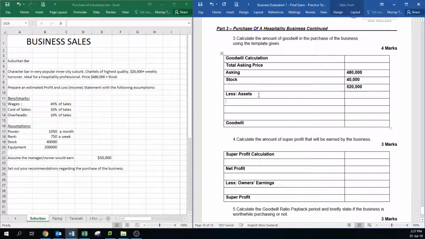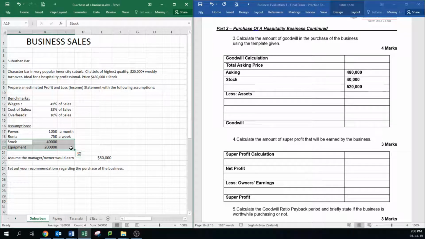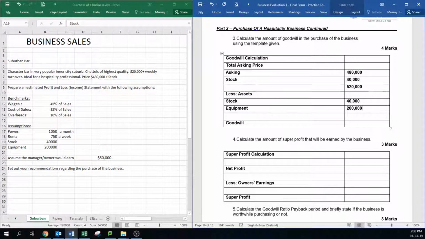Okay, second part is, well, for that money, we do actually get to own a few things. And the things that we own are these last 2 items on the list. We get to own that stock, the inventory, and we get to own some equipment, 200,000. So that's what, 240,000.